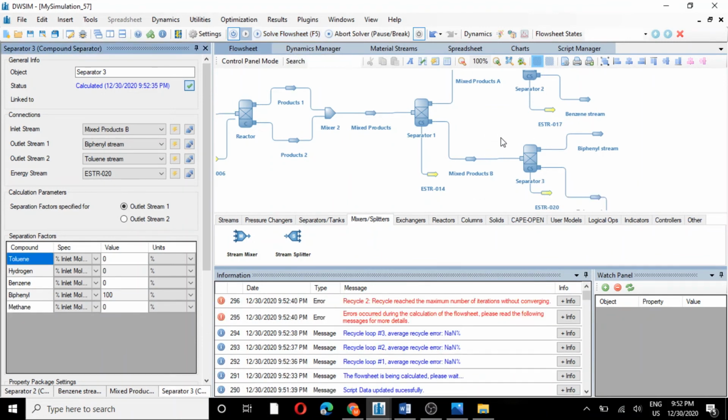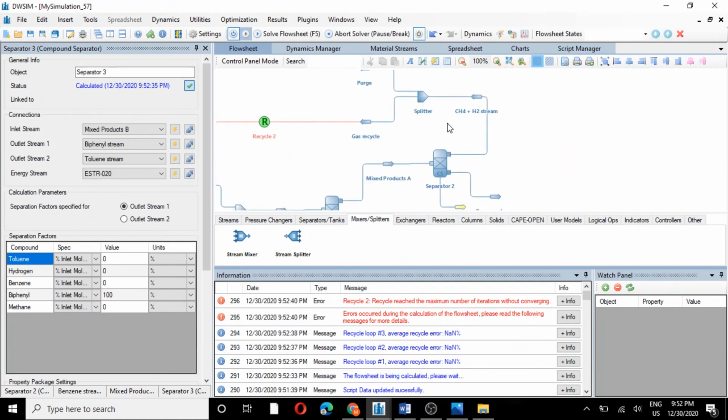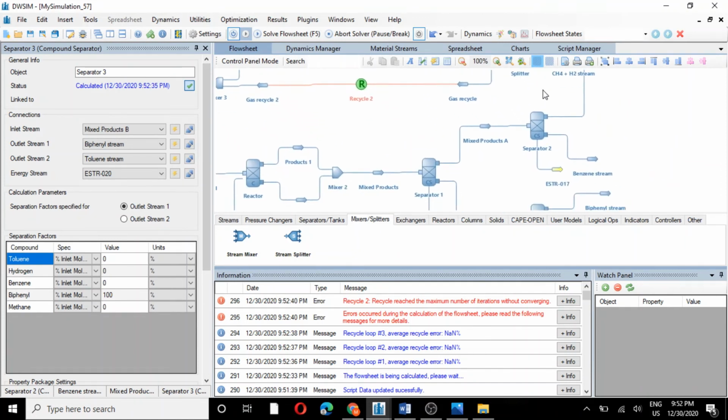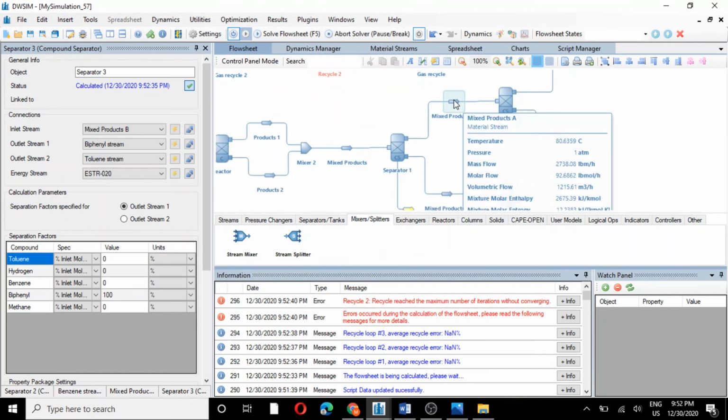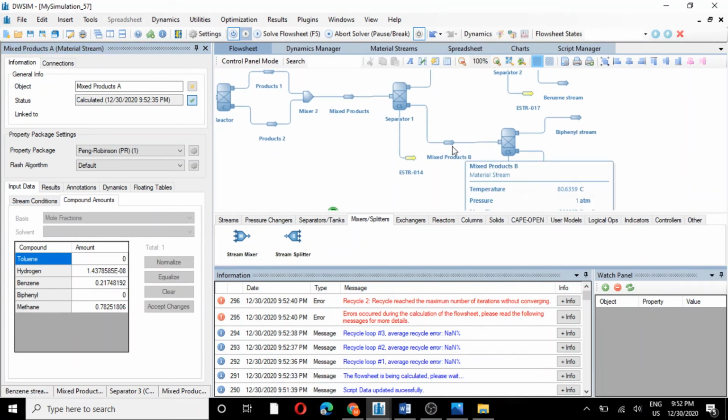Okay, this is still calculating. Okay, we have an error in recycle 2. We can check the compound amounts here: we only have hydrogen, benzene, and methane, while in mixed products B we only have the toluene and biphenyl.